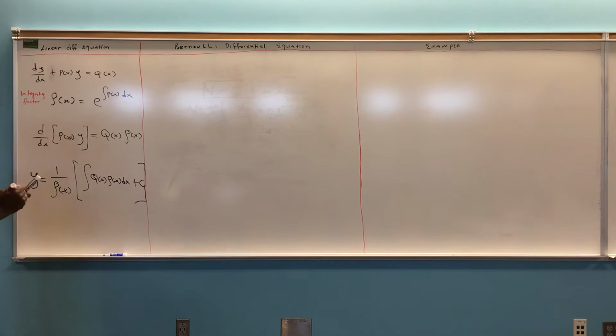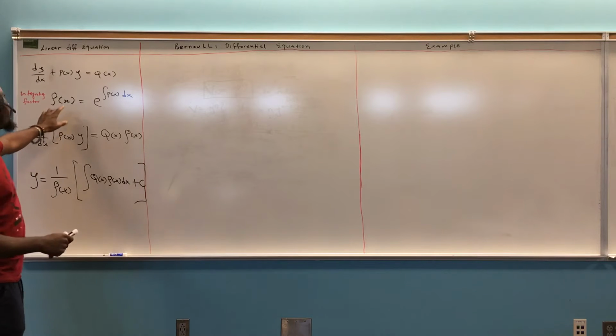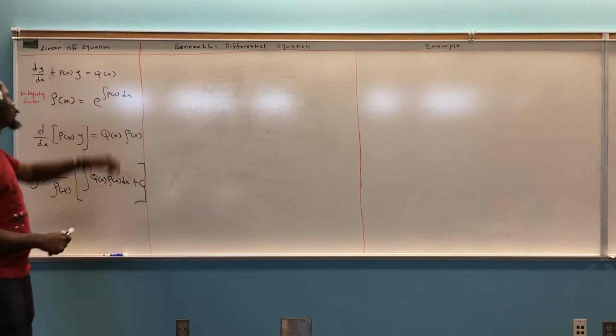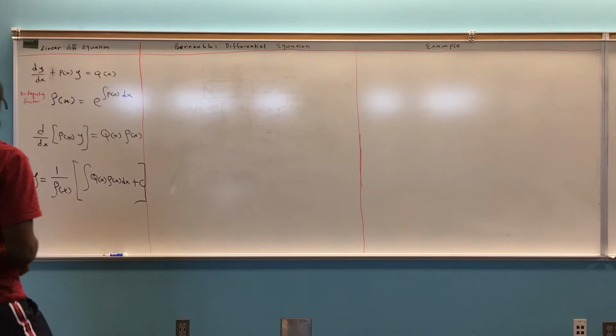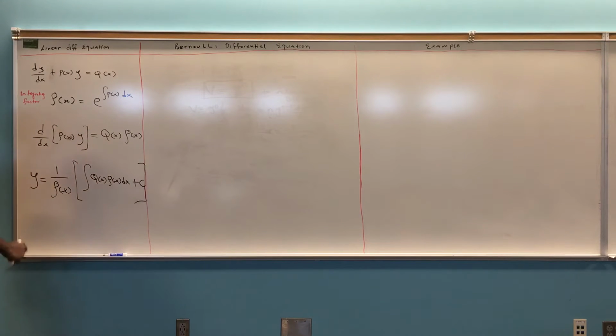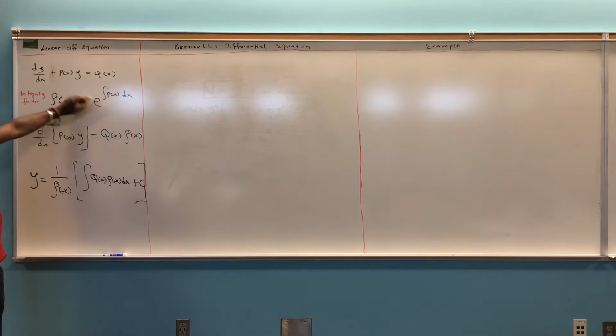The integrating factor rho is equal to e to the power of integral p of x dx. Now, having found the integrating factor, multiply your general form with the integrating factor.